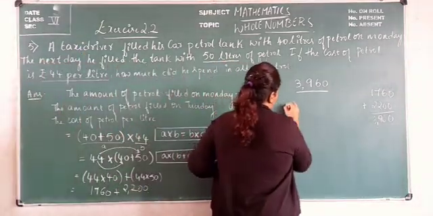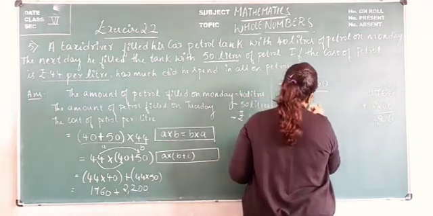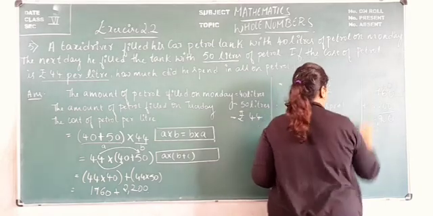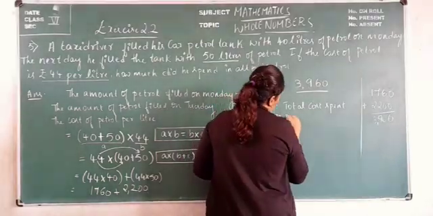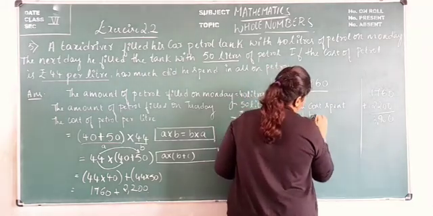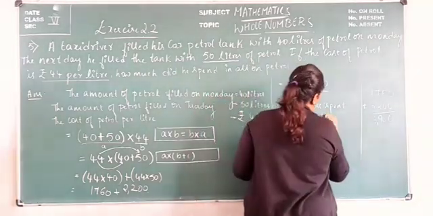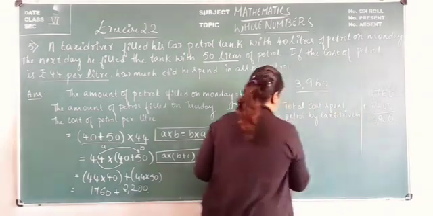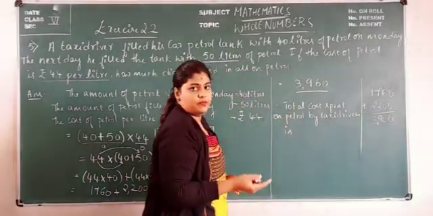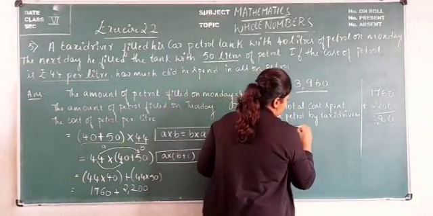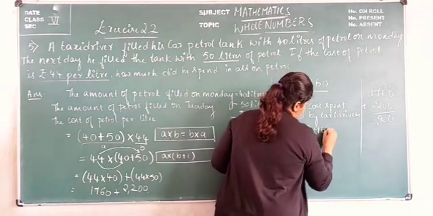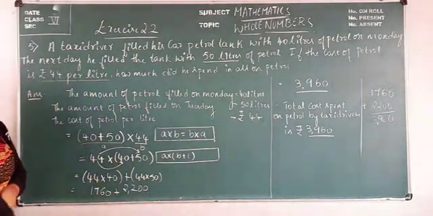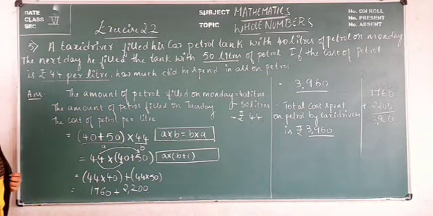Therefore, the total cost spent on petrol by the taxi driver is, so this is in terms of rupees, so I write rupees, this is the amount. Rupees 3960.